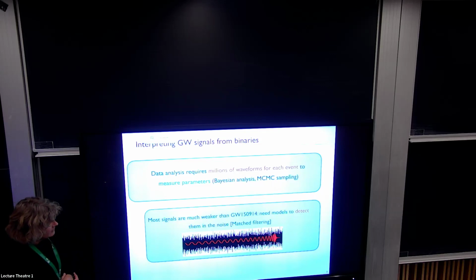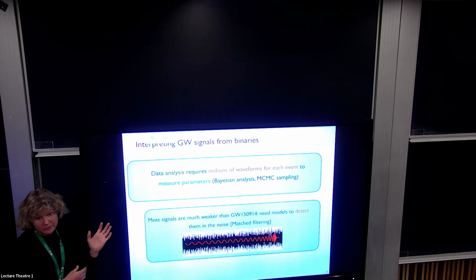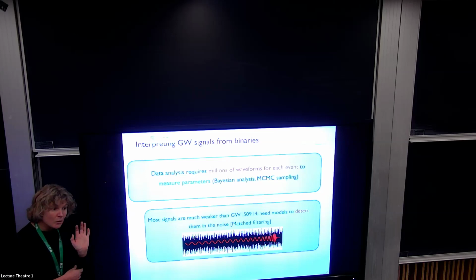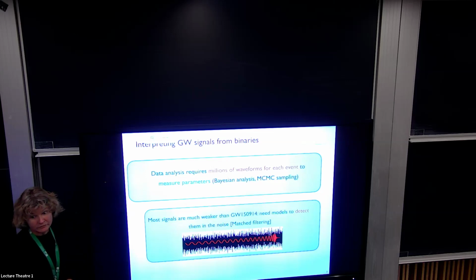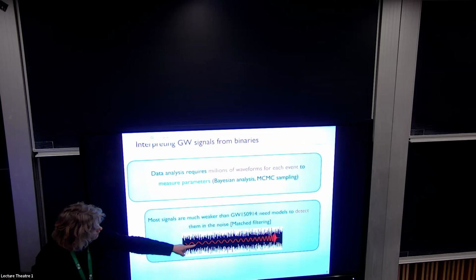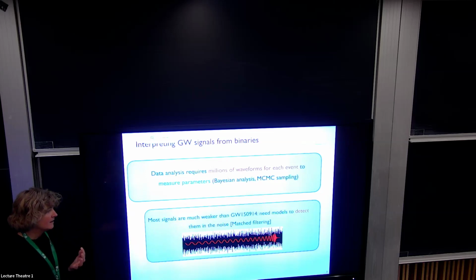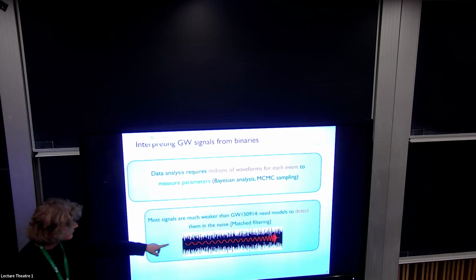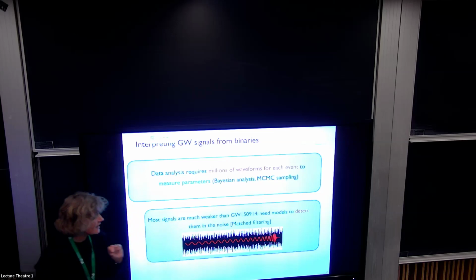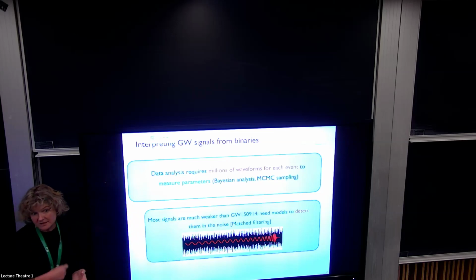Furthermore, these models are not only used to interpret the data, because most signals that the detectors observe are not as loud and do not stand out so nicely as this first event. They're actually much smaller than the noise floor, but they can still be filtered out because the behavior of the signal has very different statistical properties than this kind of more random noise.